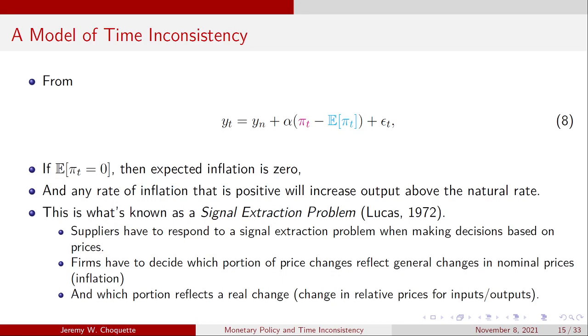So when firms have to make these decisions, they have to decide which portion of these price changes are the result of inflation and which are the result of real changes, like changes in relative prices for inputs and outputs. What do I mean by this? Well, let's consider we've got two goods. Now, let's see, what two goods can I use?